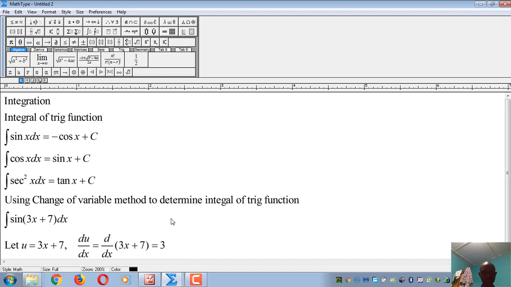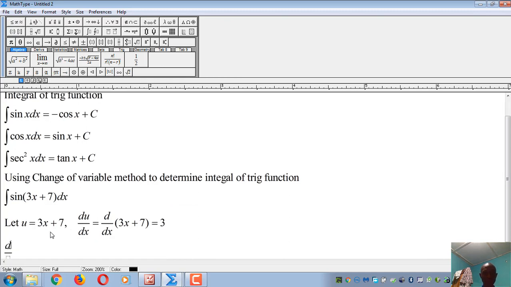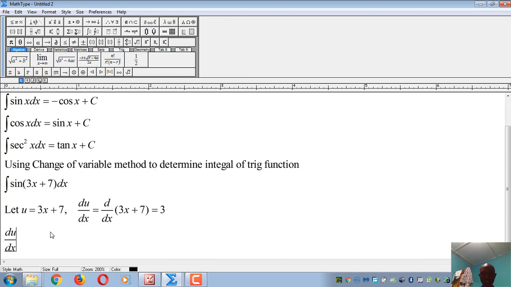That will give us 3. So we are saying that du/dx equals 3. Since we are trying to change the variables to u and du, we will now say that our dx is equal to du over 3.